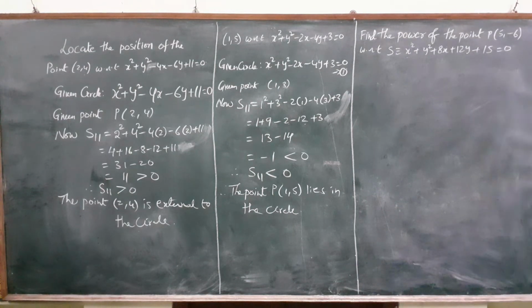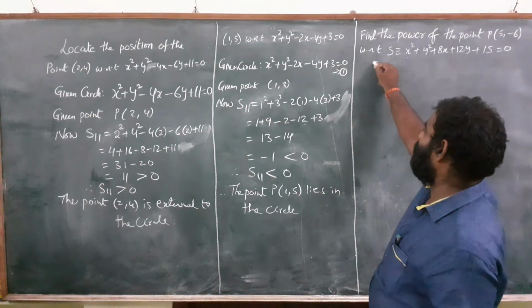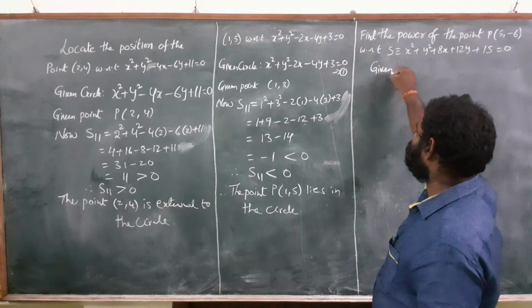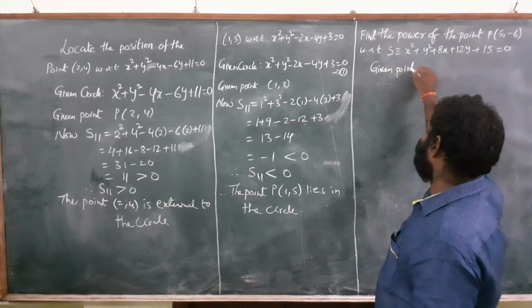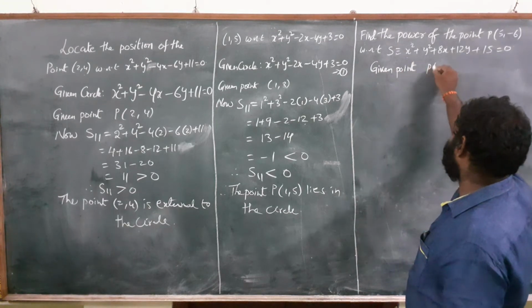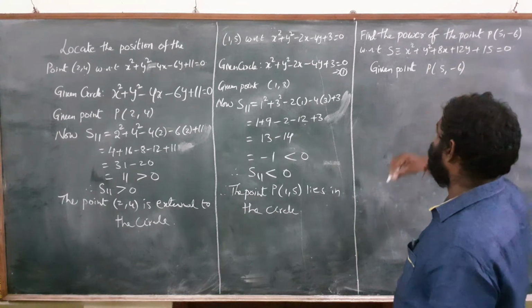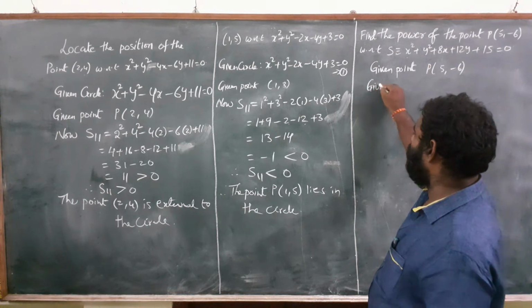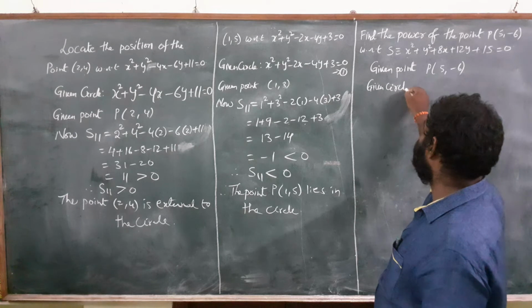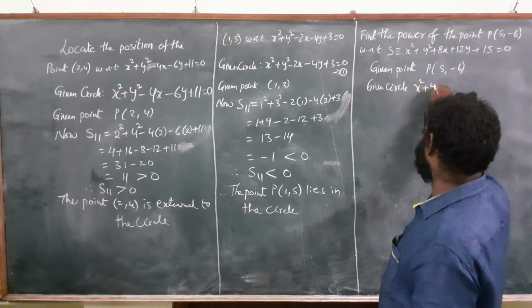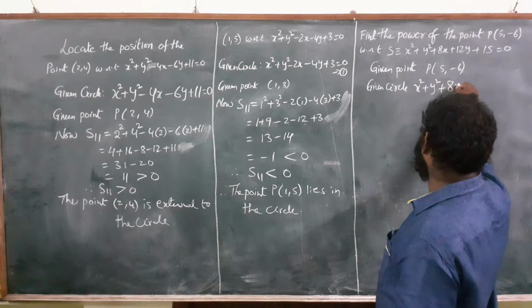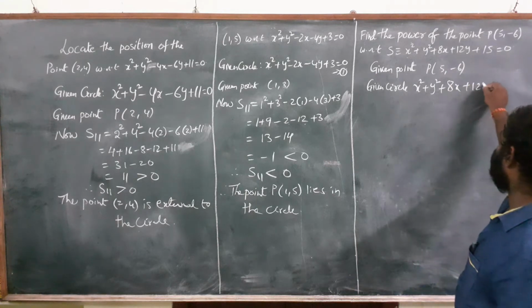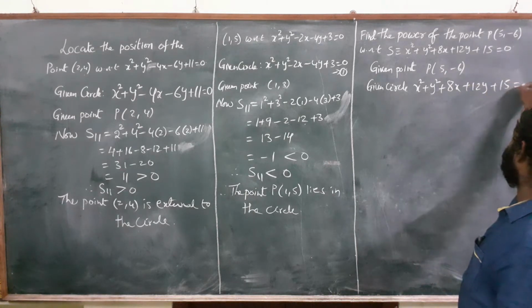Okay. So see here, given point, what is the given point here? P(5, minus 6). And given circle, what is the given circle? x square plus y square plus 8x plus 12y plus 15 equal to 0.